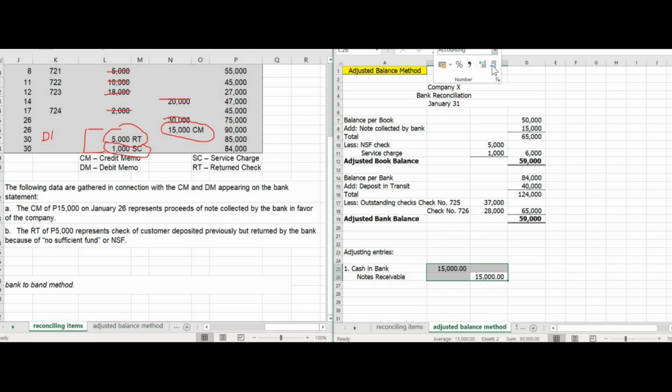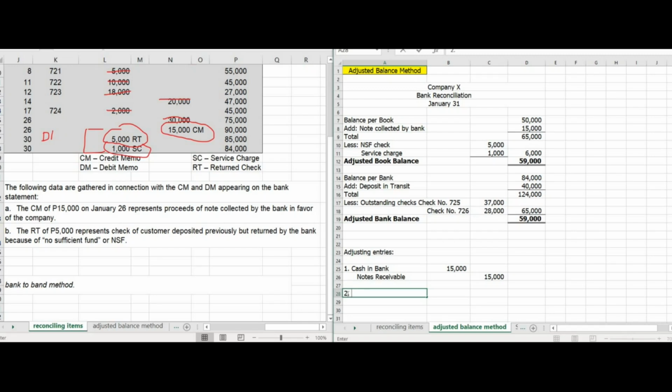With that entry, you have already recognized your collection. You increased your cash in bank account, and you recorded the decrease in your notes receivable because of that collection. Another, aside from this 15,000, is your NSF check.